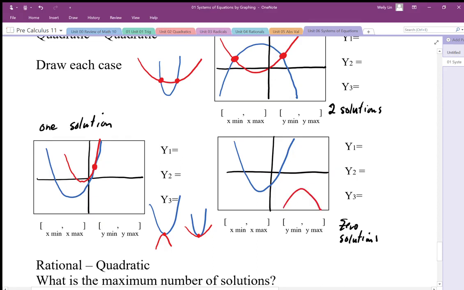We could also have parabolas nested in each other, a parabola like this and a parabola like this, either the same shape or narrower, and that would be a zero solution case as well. So we could have them facing the same direction, but with one nested inside the other, and there we can have a zero solution case.